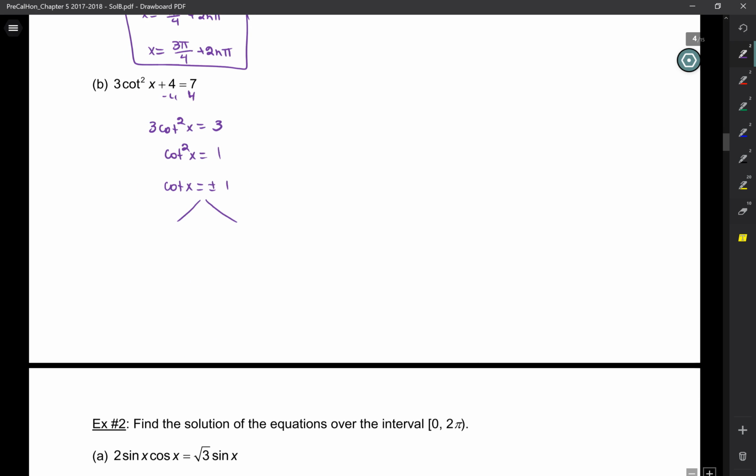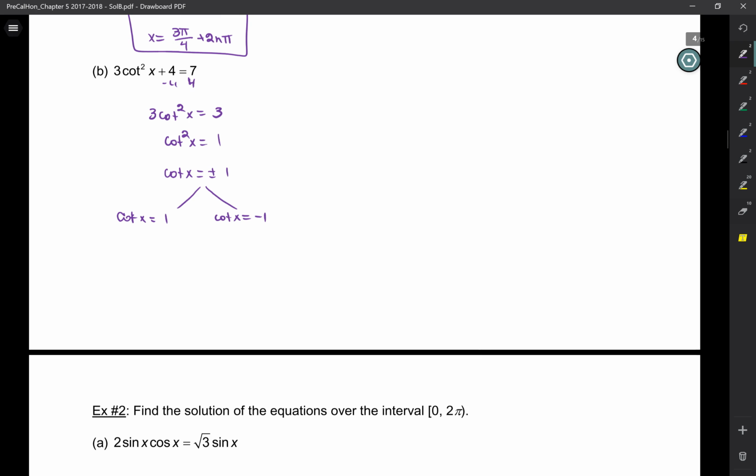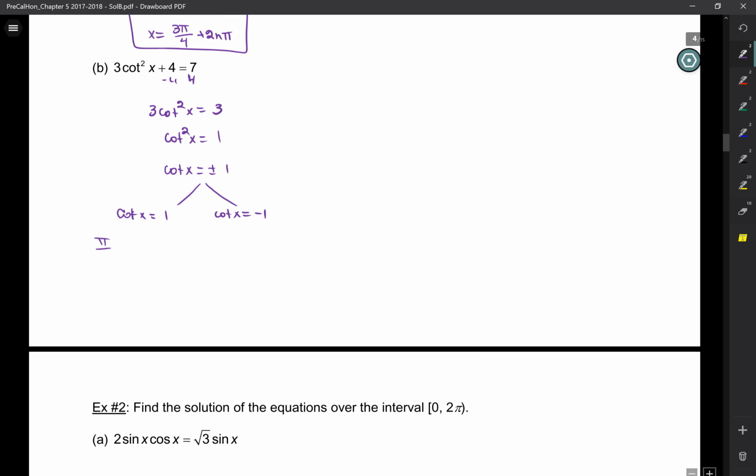So that means now I want to solve for all the values where cotangent of x is 1 and negative 1. So these are our pi over 4s. So it's 1 at pi over 4 and where else? Not 3 pi over 4, but 5 pi over 4. Right? That's in quadrant 1 and 3.